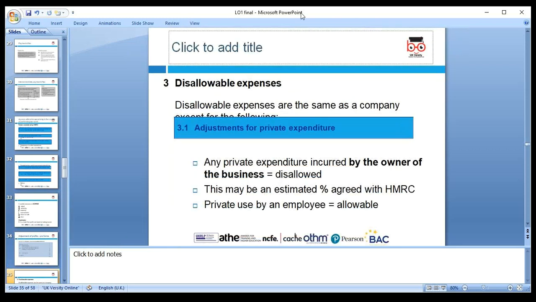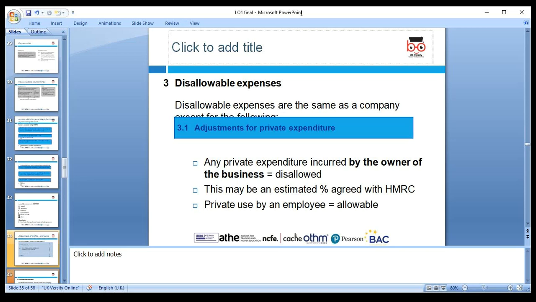There are many software packages, Alpha Tax and various others, that a lot of companies use, and those are integrated with HMRC, so they auto-update, as long as we put the figures in right and give the information as much as we have. Disallowed expenses are the same as for the company, and there's an adjustment for private expense. Business and private is a very gray area, ethically and morally.